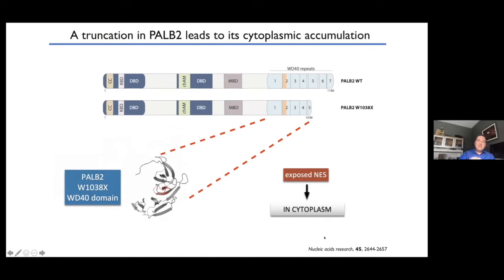So it was very interesting to us to see that a single point mutation can recapitulate this cytoplasmic accumulation model. This also tells you that this type of research looks tedious, looking at all these variants, but you can actually discover some mechanisms that are linked to the different variants.